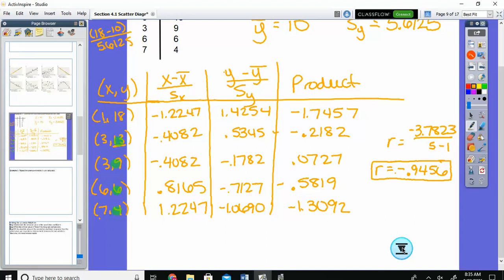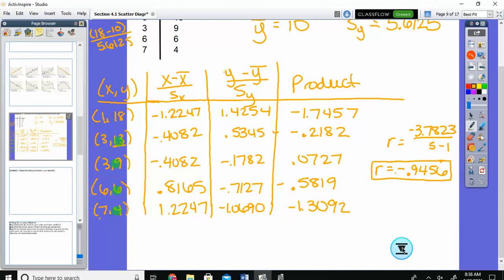Any questions there? So this would be strong because it's close to -1. Yes, it is a strong negative relationship, so it's a decreasing line. It's very linear, the negative 0.94 is very, very close to -1. So it's a very strong relationship.